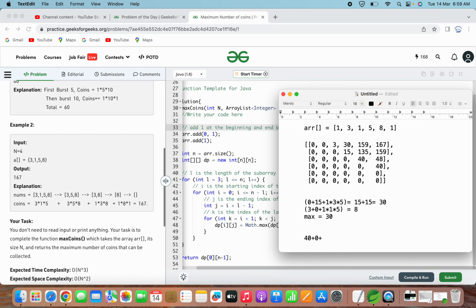Then to this we will add, see here, i is equal to 1, j is equal to 4. So here we will use k starting from i plus 1 to j minus 1. The first combination will be k equal to 1. What is the value at 1? It is 3 into 1 into 8.